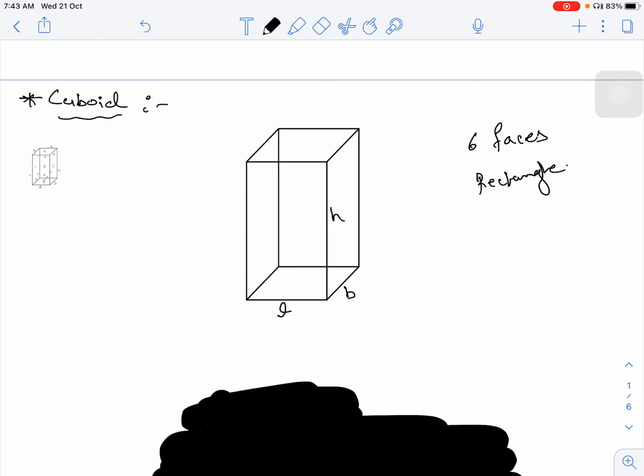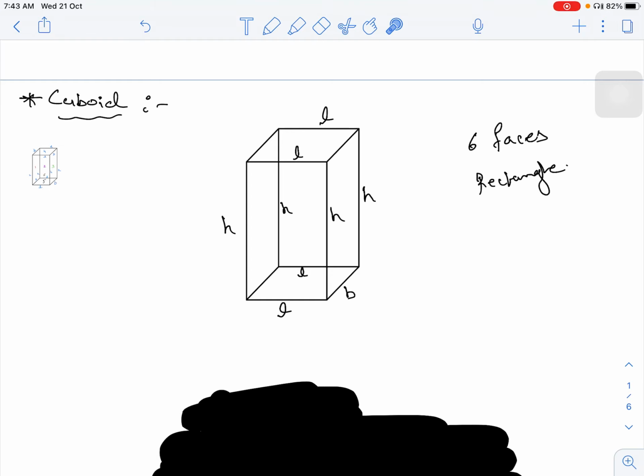Now remember that there are four heights, four lengths and four breadths. Let us find out where those four heights are. This is one height, this is our second height, then third height, and this one is our fourth height. Similarly, if this one is our first length, then the side opposite to this one is also a length, and this one and this one too.